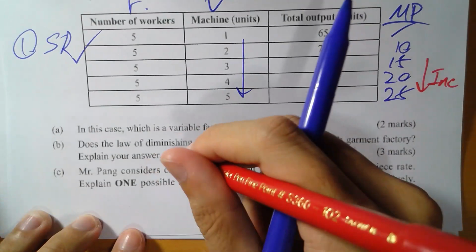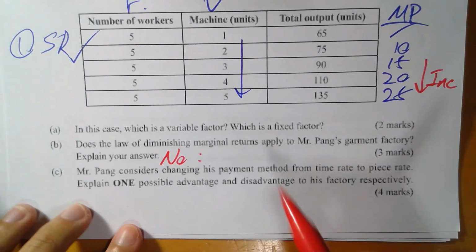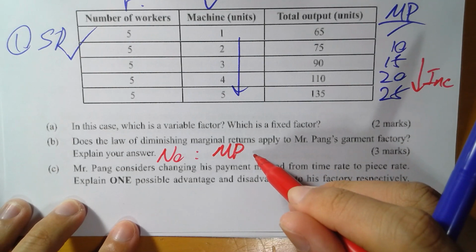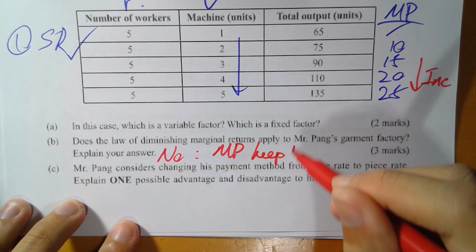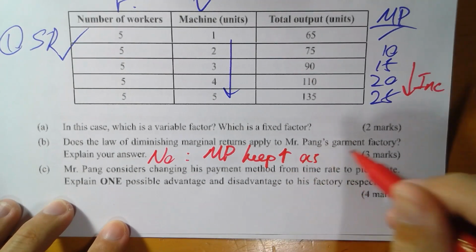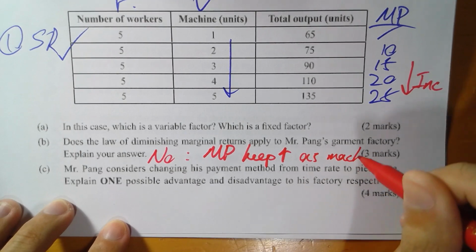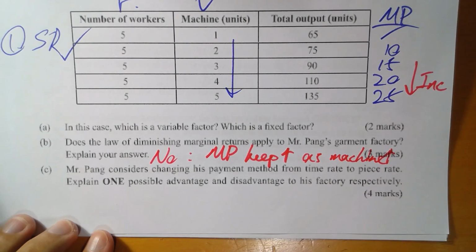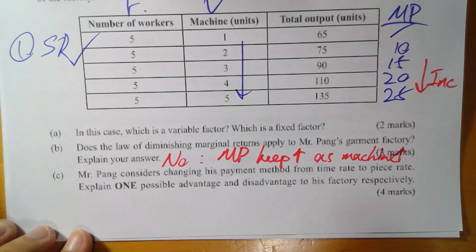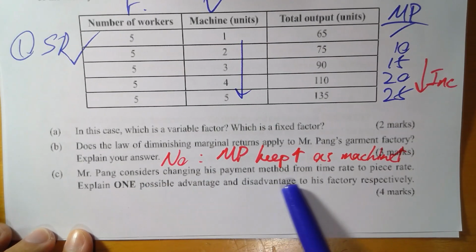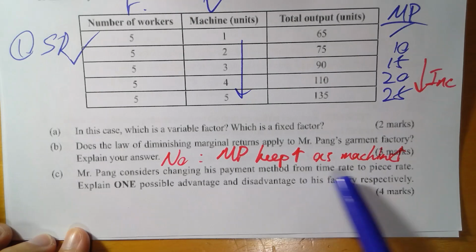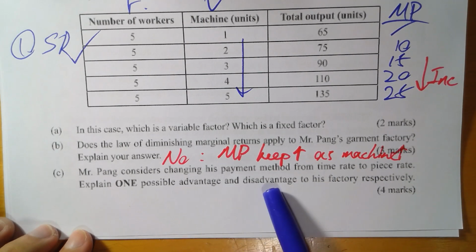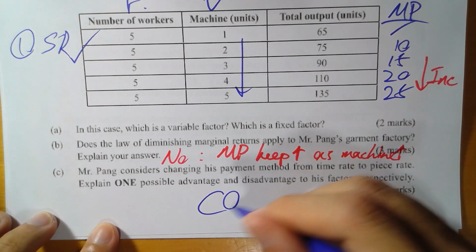So I'm sorry, no. The reason is simple: MP keeps increasing as machines keep increasing. Finally, consider changing the payment method from time rate to piece rate. One positive advantage and one positive disadvantage.